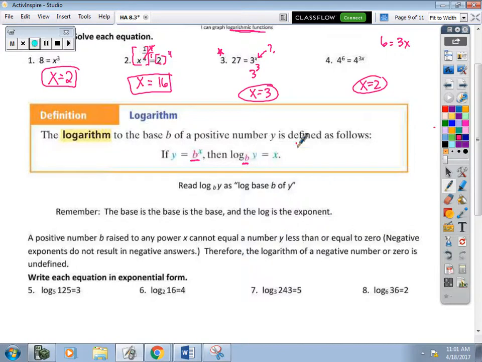But the base of the exponent is also the base of the logarithm. So those stay the same.